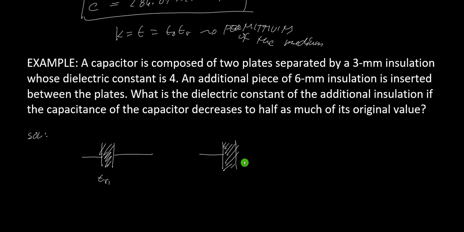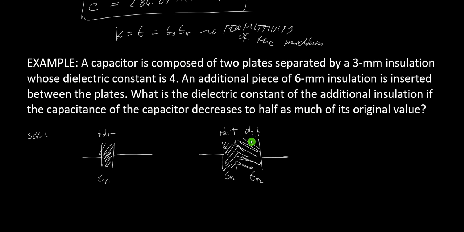So that's that, and we inserted another dielectric here. So this is another insulation. This is the first one, epsilon R1, and this will be epsilon R2. So this is now the new capacitor. Before, this is D1, so this is still D1, and let's call this D2.